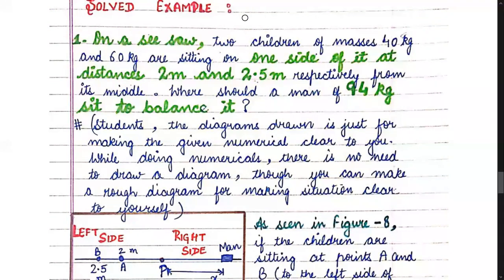Now children, respectively means that 40 kg is sitting at 2 meter while 60 kg is sitting at 2.5 meter on the same side from its middle point. Now, where should a man of 94 kilograms sit to balance it?